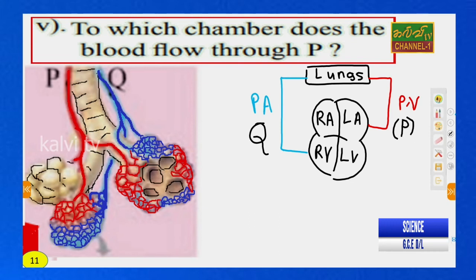To which chamber does the blood flow through P? So left atrium. Here this is the answer, left atrium.